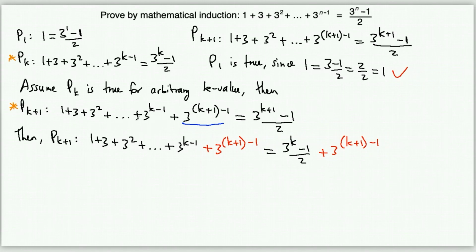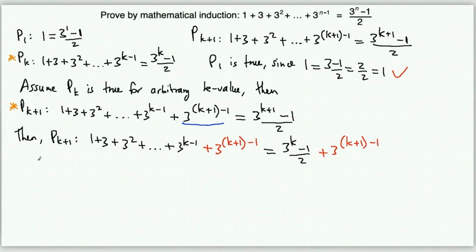So we already have the same matching left side here, but we have a different right side. As you can see, we have this and we have this. We have to show that these two are equal, right? So in other words, we have to make this side look exactly like this. And then that will show that the P(k+1) statement is true.